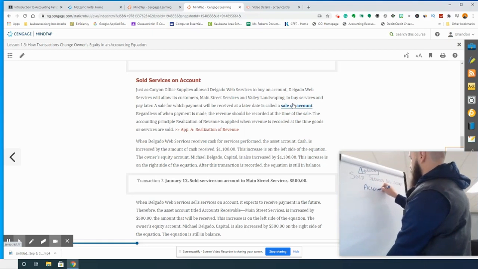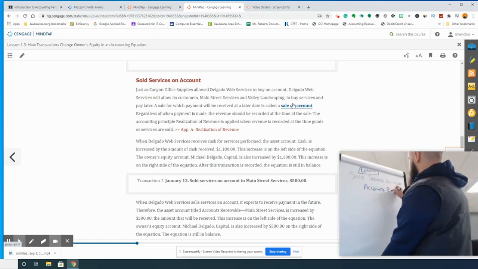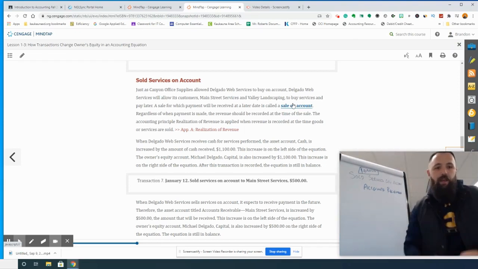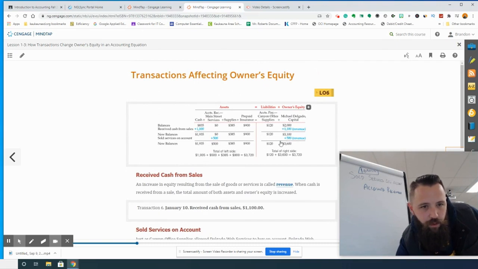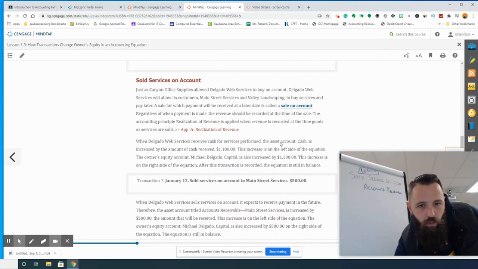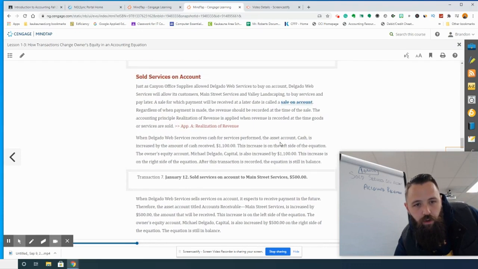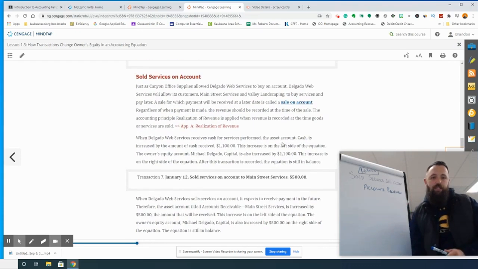Accounts receivable. E before I. Oh my goodness, good thing this isn't an English class, right? Alrighty. So what happens there is we create an accounts receivable.